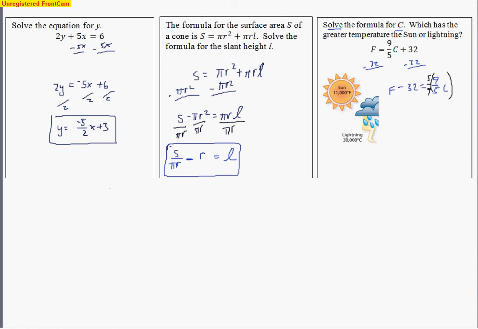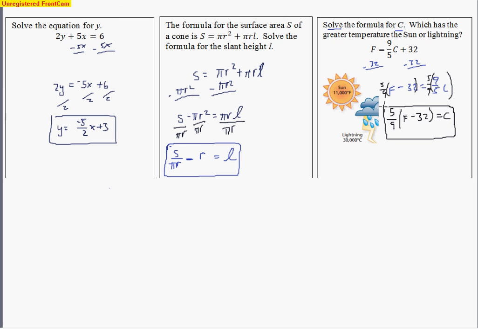And so I do that on both sides. So I multiply this side also by it. Now I have to put parentheses around this subtraction problem because I've got to do that first before I multiply by the 5/9. So my answer is 5/9 times the difference of the degrees Fahrenheit minus 32 equals degrees Celsius. So that's part of the answer right there.